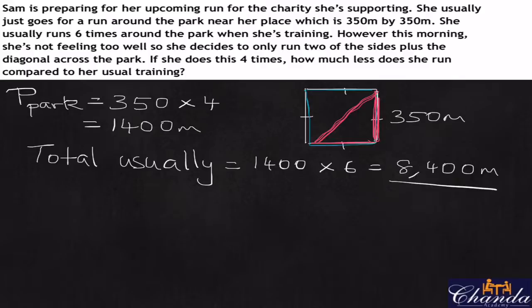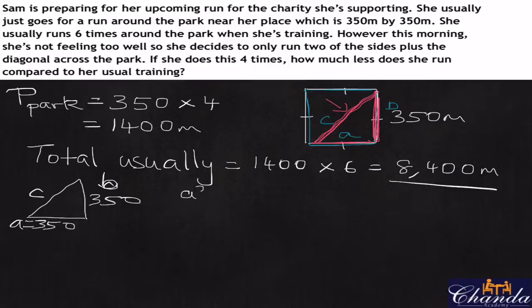And as you might have guessed, guys, we don't actually know what this diagonal is. So we need to work it out using, yep, you guessed it, Pythagoras' theorem. So that's C, that can be A, and that can be B. So let me draw this triangle out so it's a little bit more clear. So that's 350, that's 350, and let's call that C. And I think we call that B, and we call that A. Okay, so we have A squared plus B squared equals C squared.